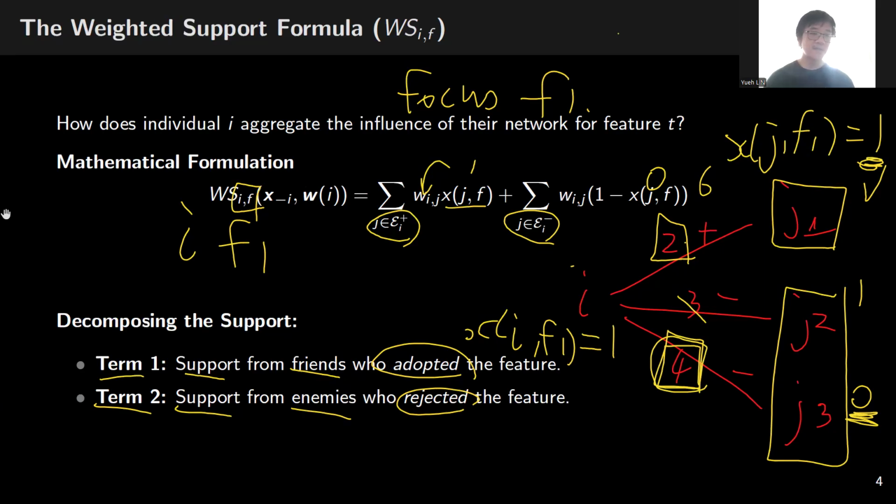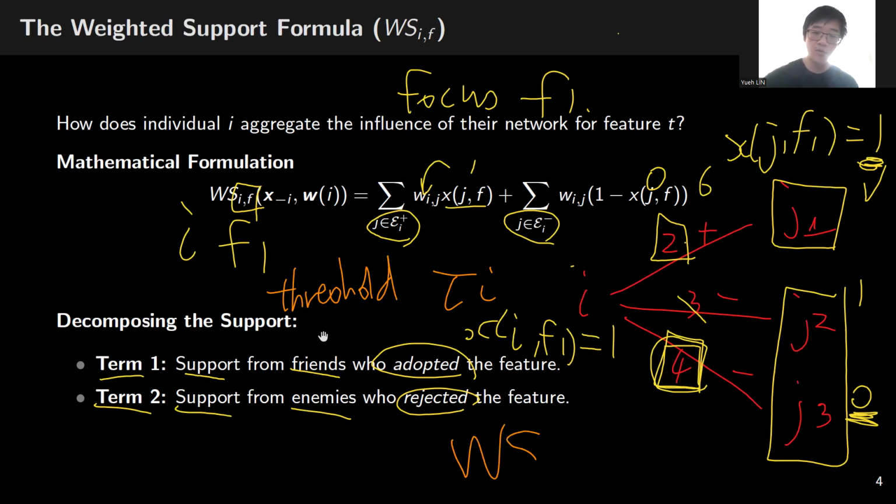Before going to the next slide, let's come to the question: how do we decide the influence? Individual i will choose another thing called a threshold. Tau i is the threshold. And we will compare two things: the weighted support of individual i for that feature f, and the threshold.